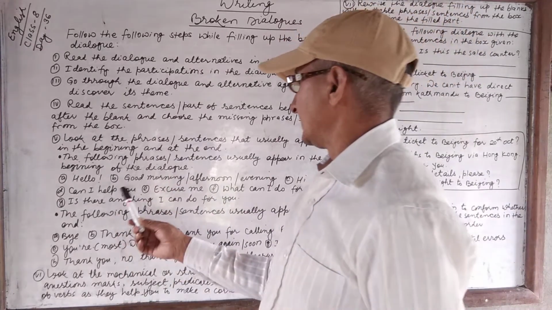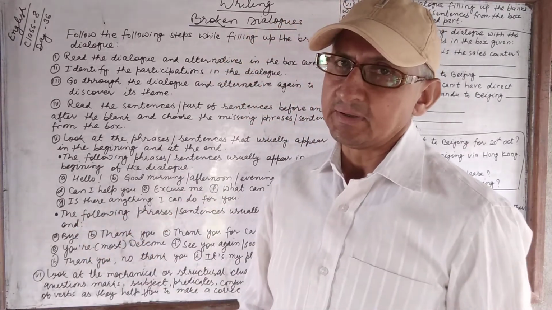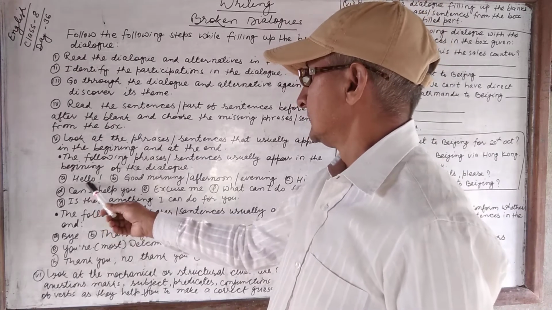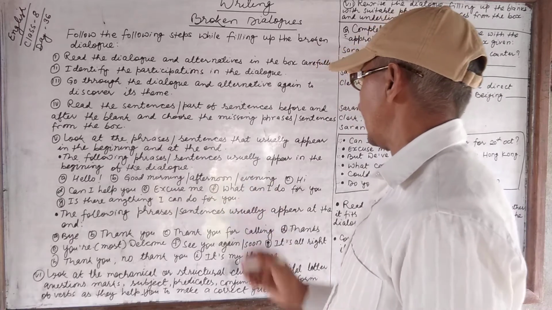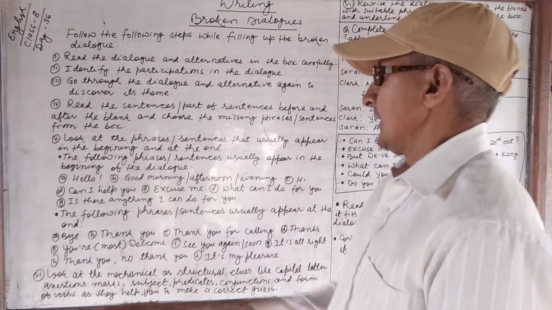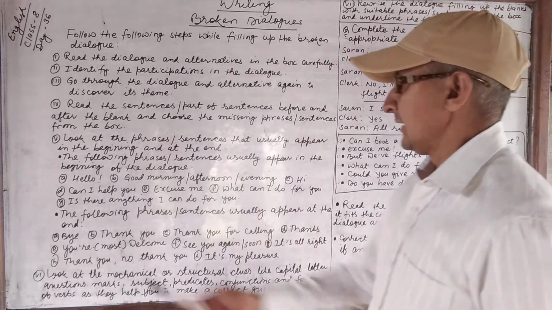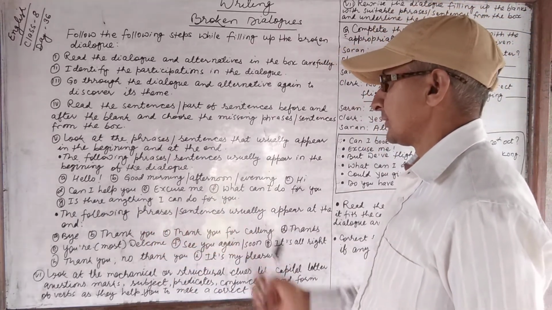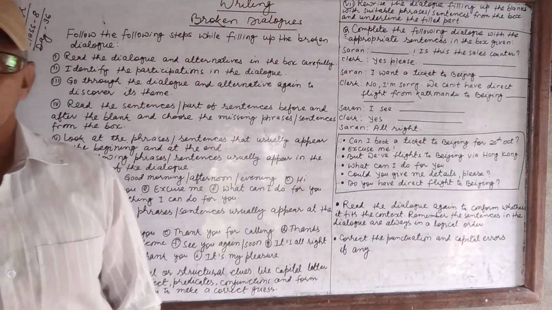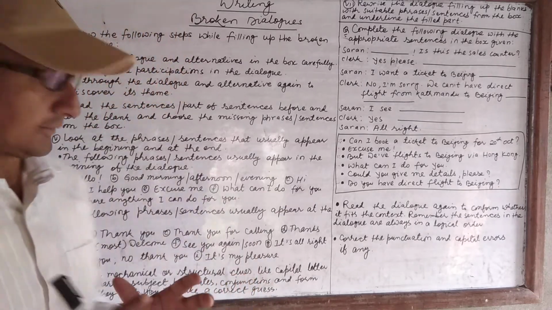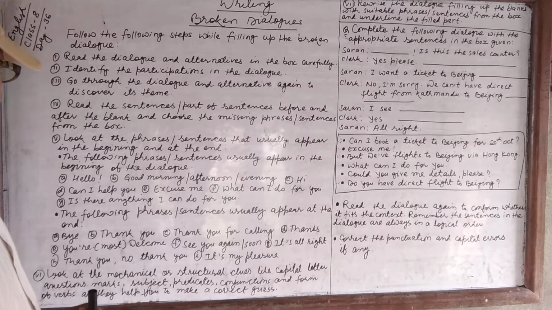The words or phrases which appear at the beginning of the dialogue are hello, good morning, good afternoon, good evening, hi, can I help you, excuse me, what can I do for you, is there anything I can do for you? Such phrases and sentences are used at the beginning of the dialogue.